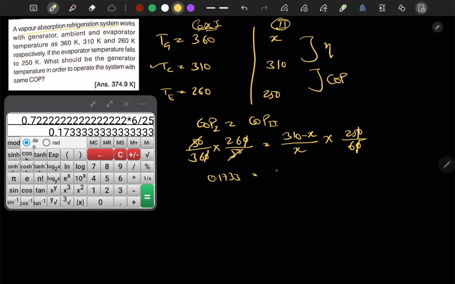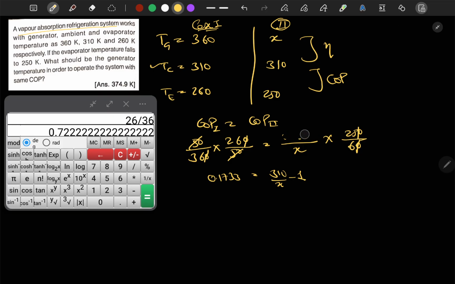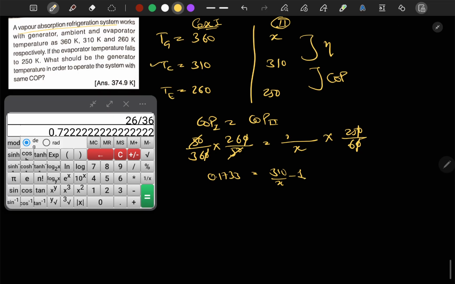So we will get here 0.1733 is equal to 310 by x minus 1. If we solve this, add 1, then reverse this and multiply by 310. Sorry, here it should be x minus 310, that is TG minus TC. So this will come out to be 1 minus 310 by x.